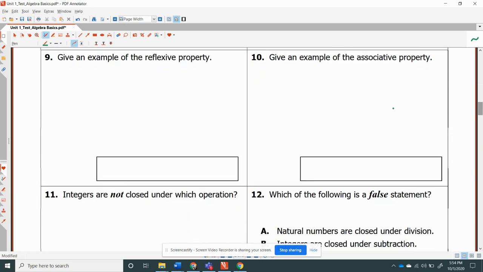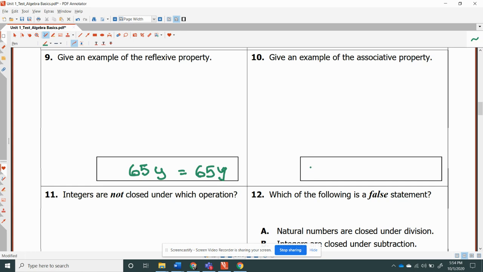A thing equals itself. So an example of the reflexive property could be 65y equals 65y. That's the reflexive property. The associative property, okay, let's see.